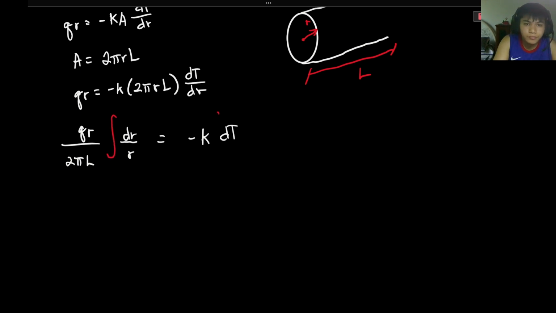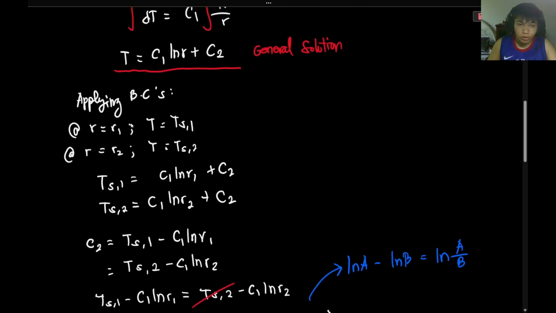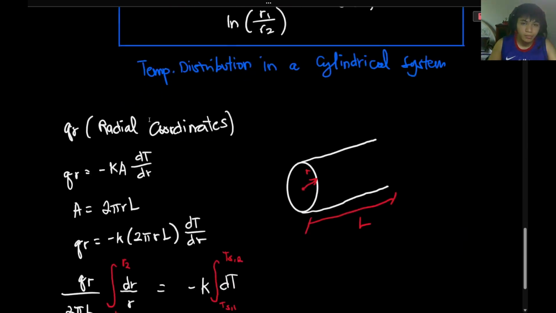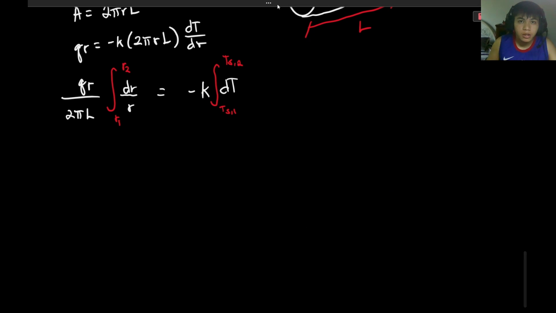And applying our limits, this is from r1 to r2, and this is from this one to this. So again, we're applying the same boundary conditions that we used here, now in the form of the limits of integration.